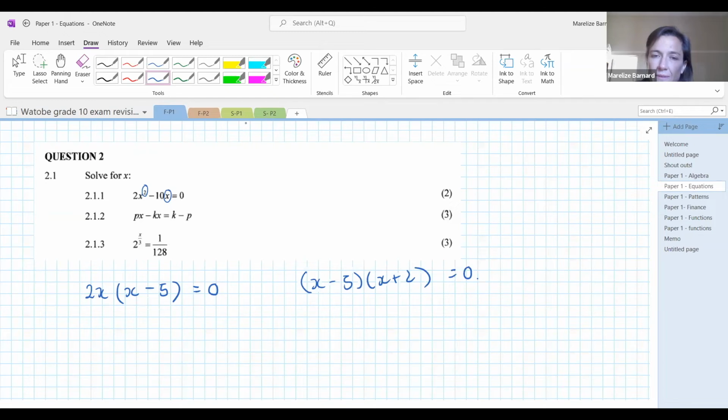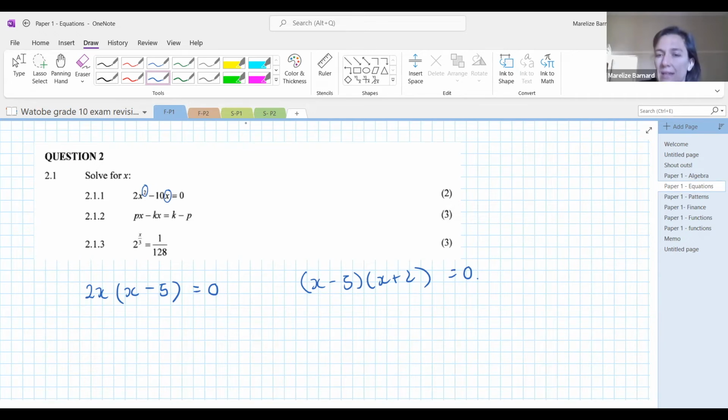Ma'am, I think since it's a quadratic equation, there has to be two answers. Yes. So one x would equal -5 and the other one +2, if I'm not mistaken. Yes, perfect.